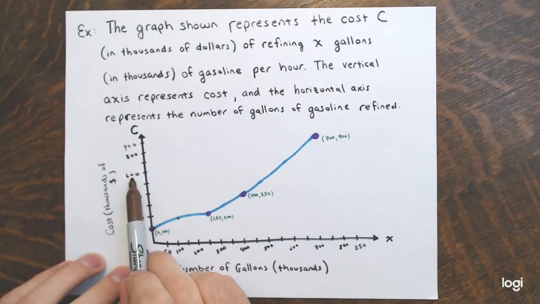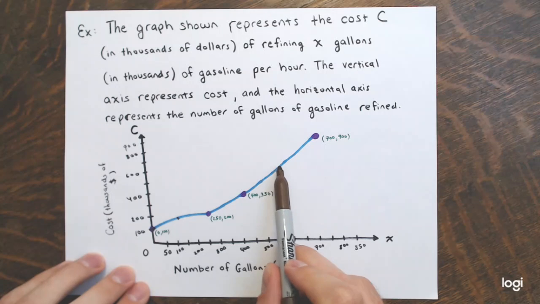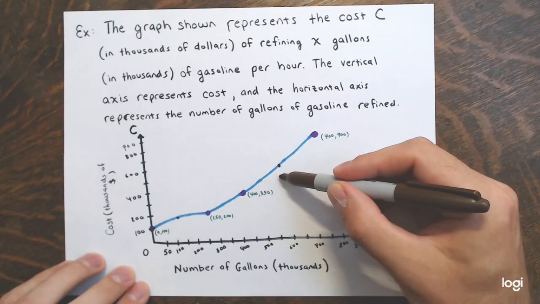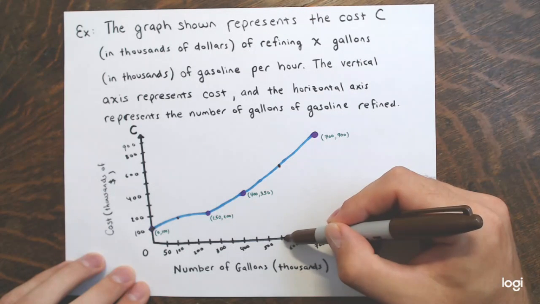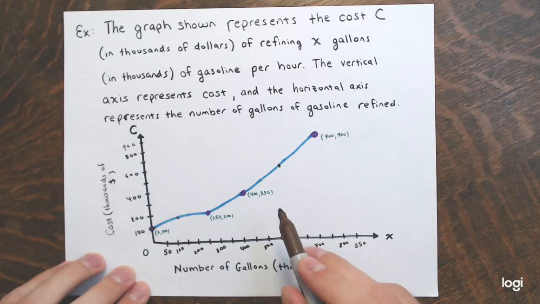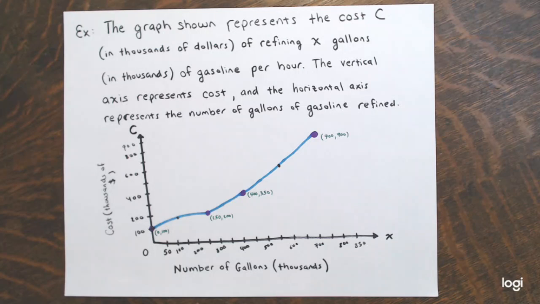So I go to $600,000, over to where it corresponds on the graph, this point right here, a little dot, and then straight down, looks like around 550. Remember, each notch down here is 50 units apart. Looks like around 550,000 gallons of gasoline per hour would cost $600,000 for this company. So you can be asked both things. You should be able to interpret.